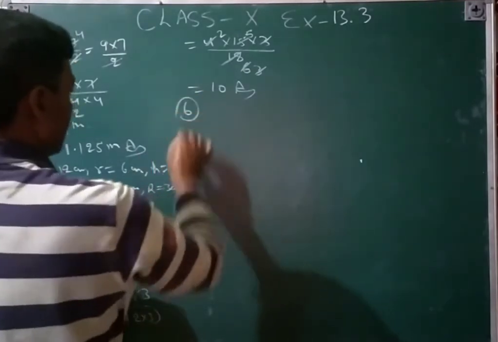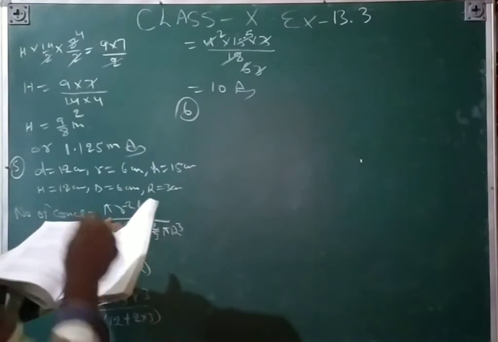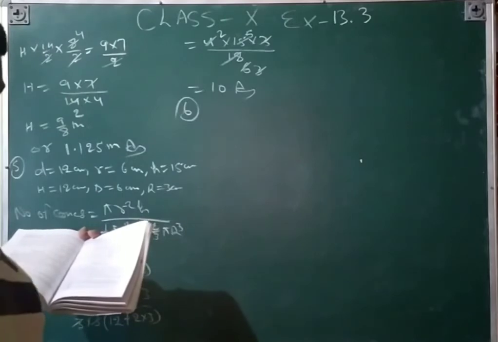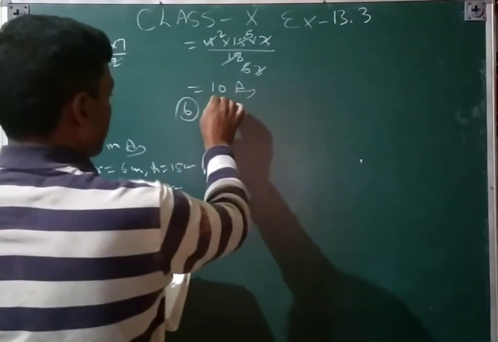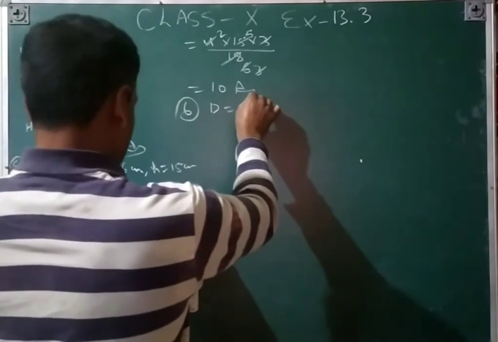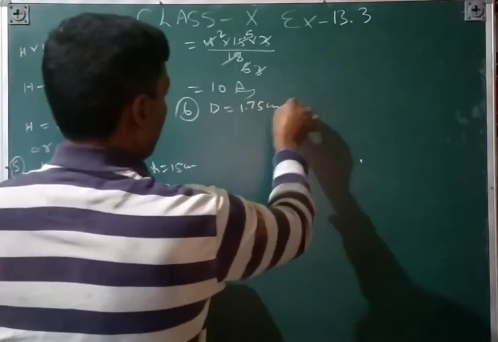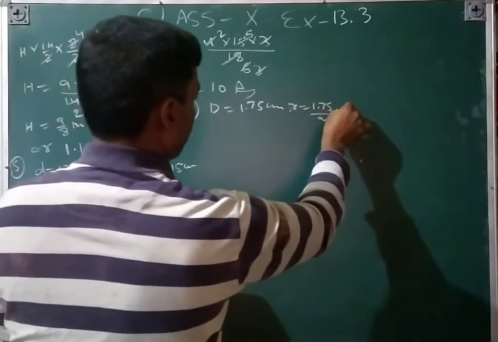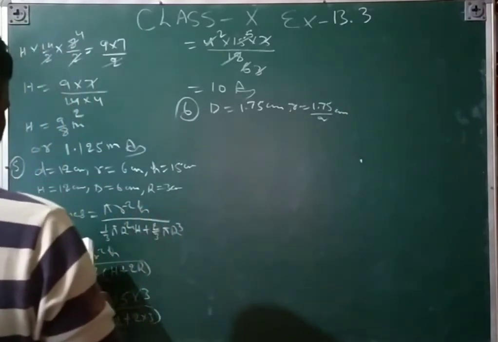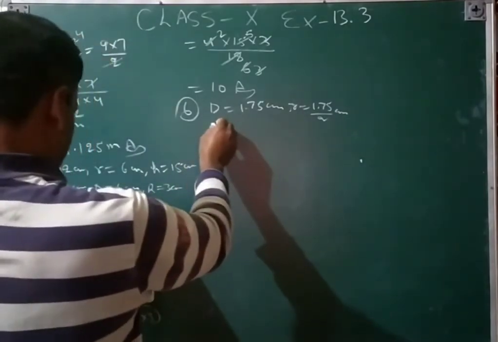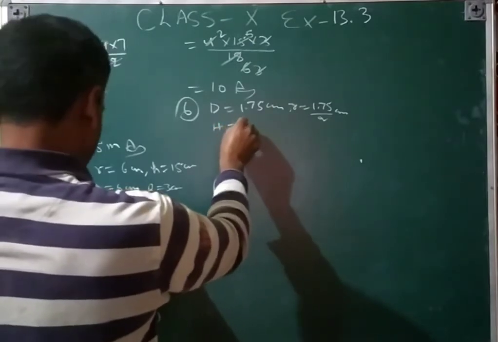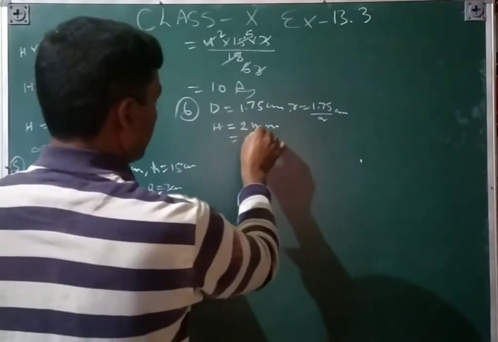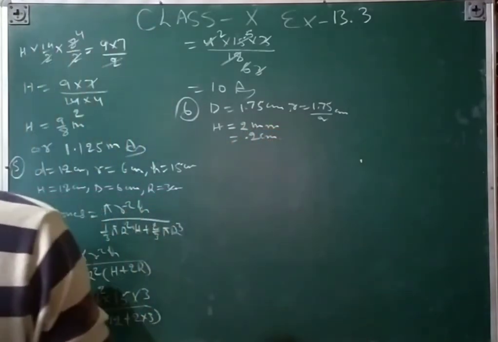Question number 6. How many silver coins? That diameter is 1.75 centimeter, so r is equal to 1.75 upon 2 centimeter, and then height is equal to 2 mm, that is decimal 2 centimeter.